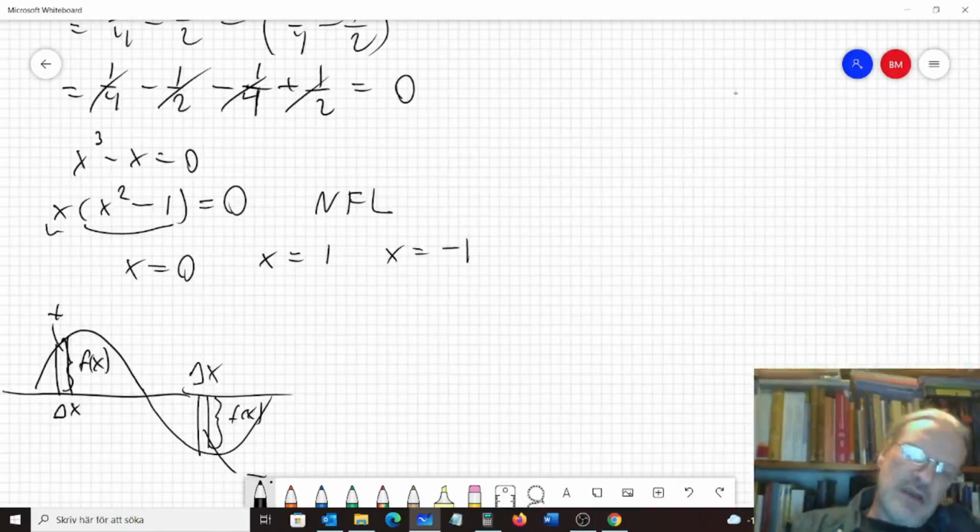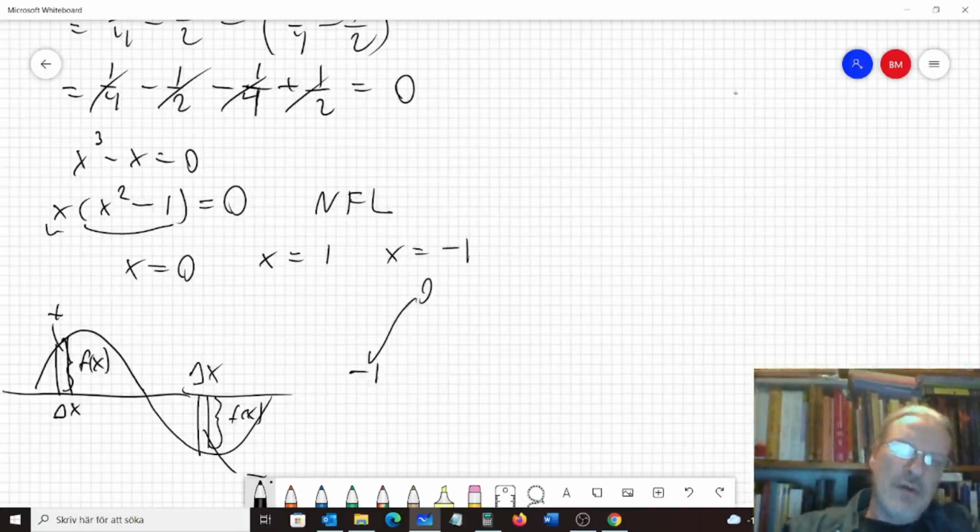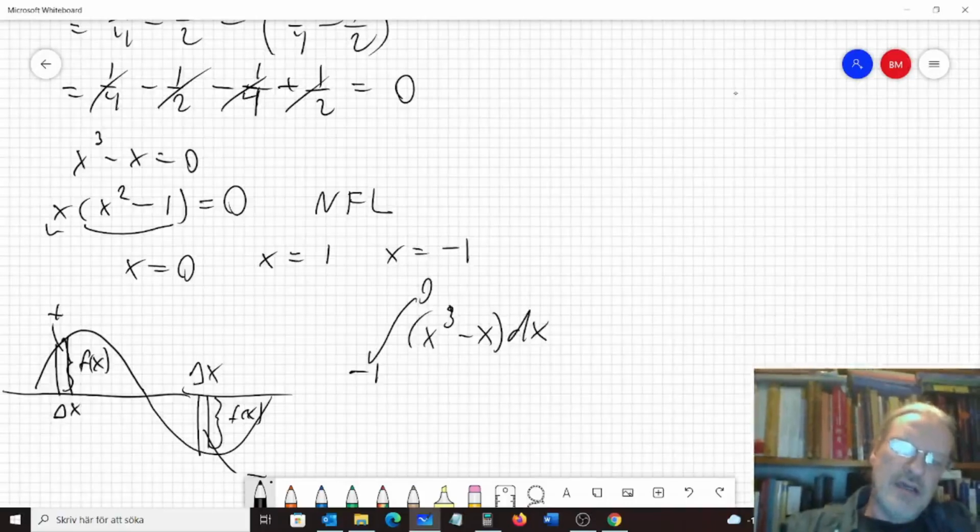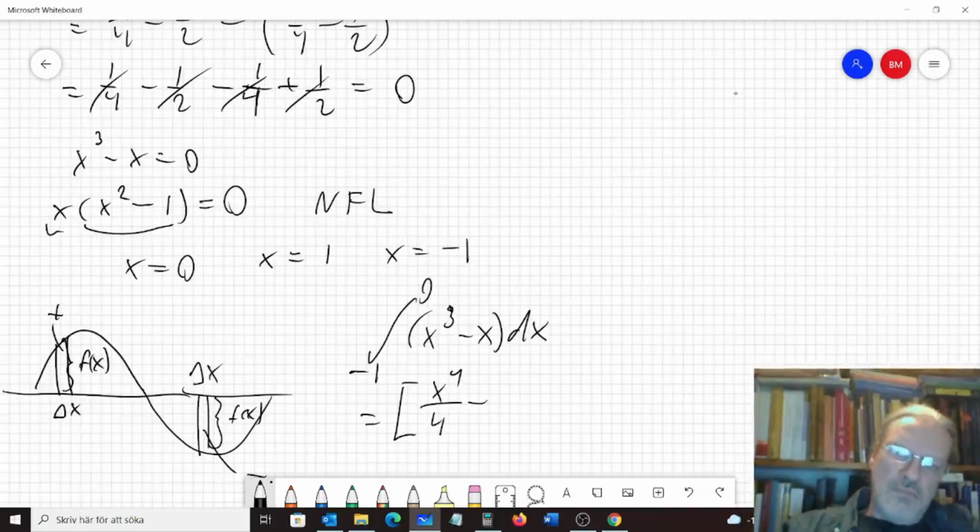If we just look at the first part, from -1 to 0 of x to the power of 3 minus x dx, we will get x to the power of 4 over 4 minus x to the power of 2 over 2, from -1 to 0.